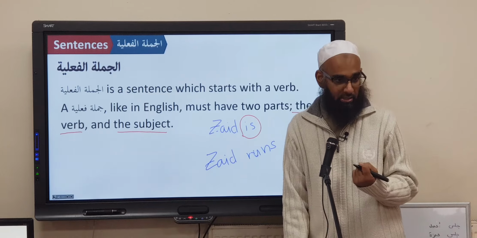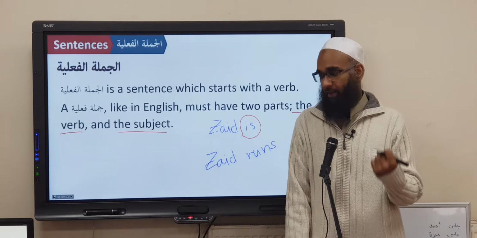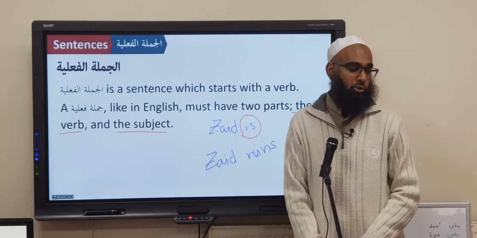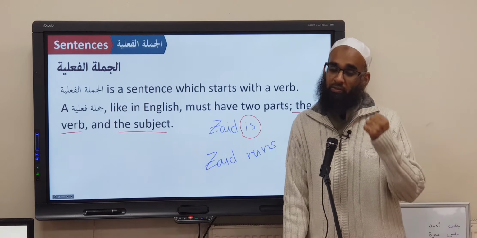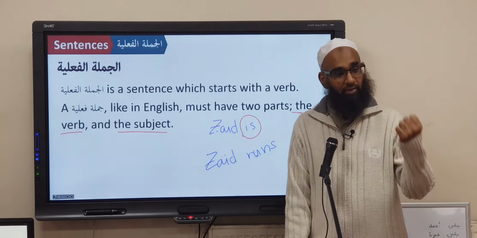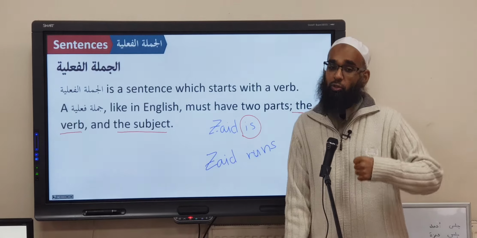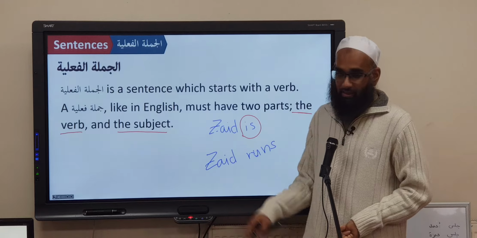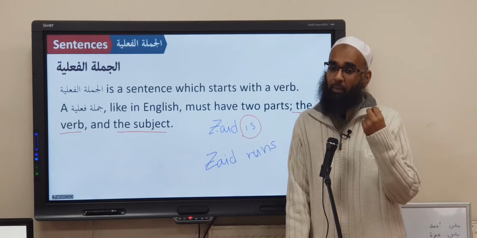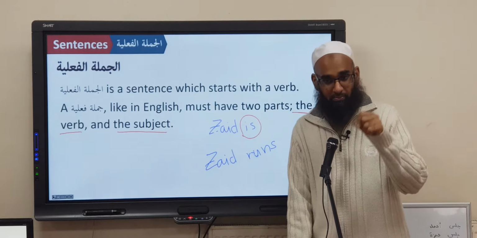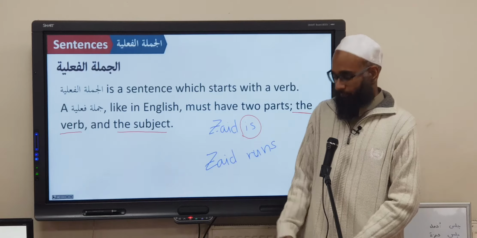He's called the subject. So every Jumlatun Fi'liyyah must have a subject, the person doing the action, like in our example, Zaid, and it must have a verb like runs. So a Jumlatun Fi'liyyah must have how many parts? Two parts. The subject and the verb.